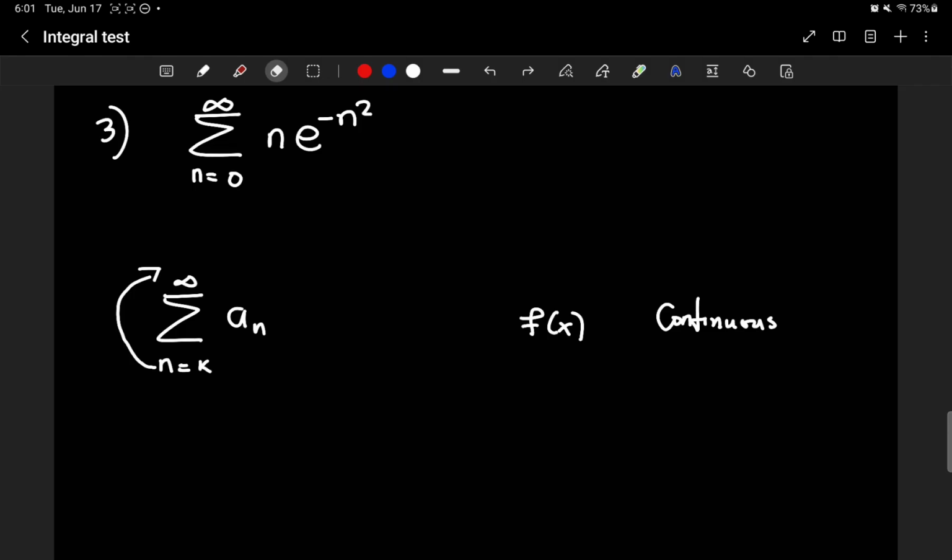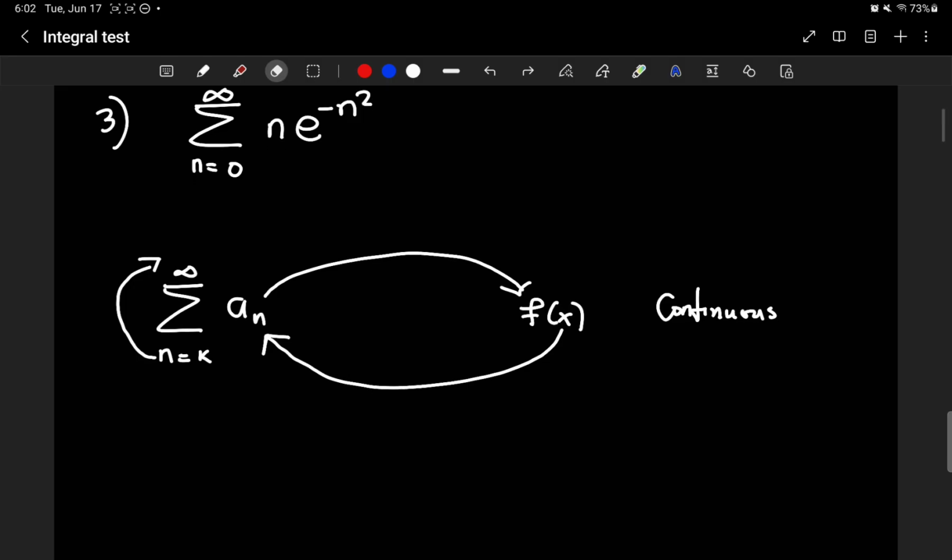This function f of x has to be continuous on the interval from n equals k all the way up to positive infinity. For you to determine f of x, you get the structure of an, and wherever there is n, replace that with x. So this is how we obtain the expression for f of x.